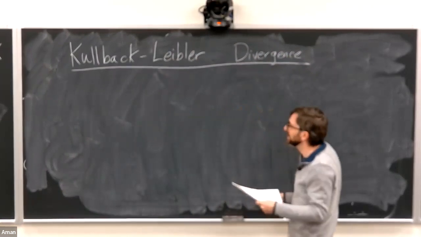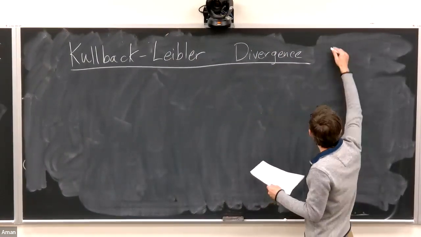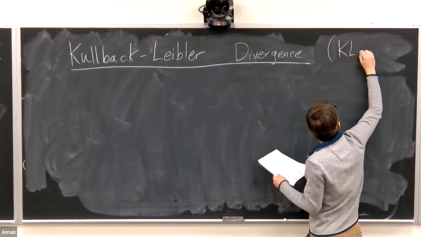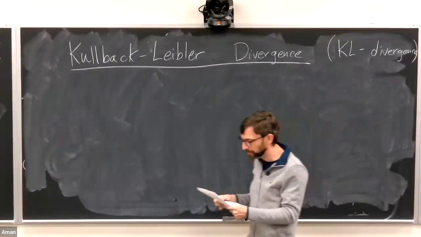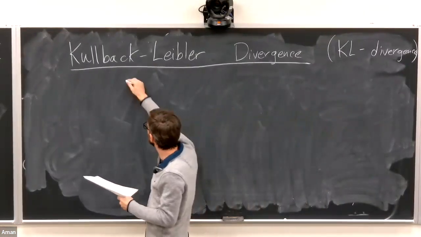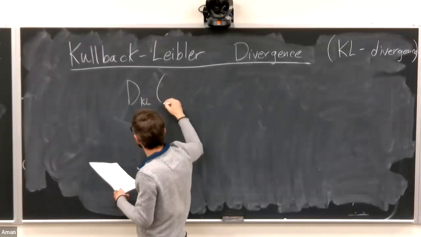I don't know why I've been saying Kullback-Leibler divergence all throughout this lecture. Most times we would just say KL divergence and save ourselves the tongue twisting. Just to remind everyone, I think the first time we did this was probably with VAEs.